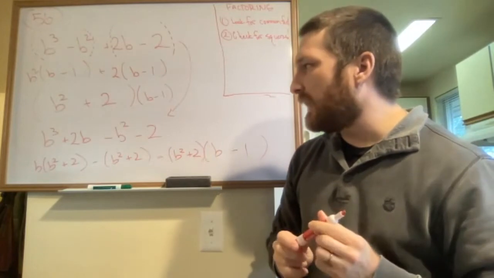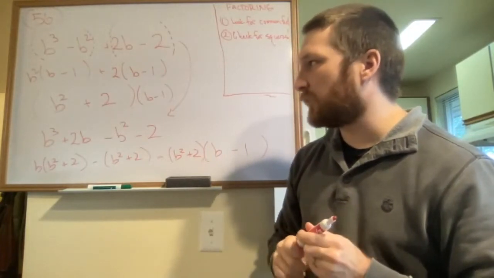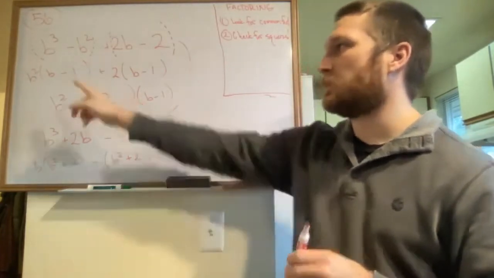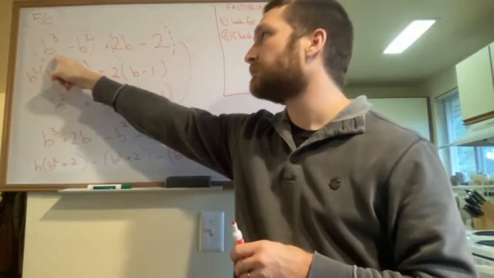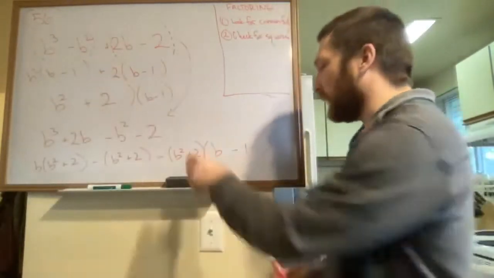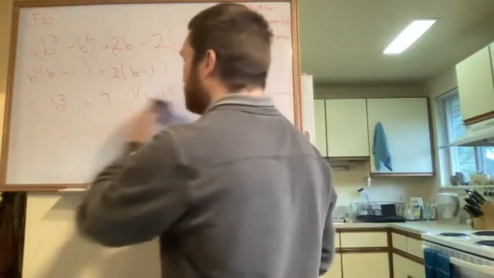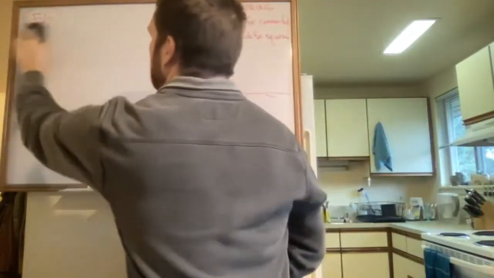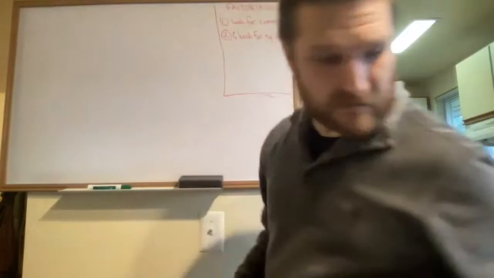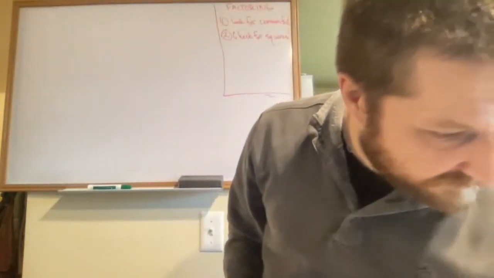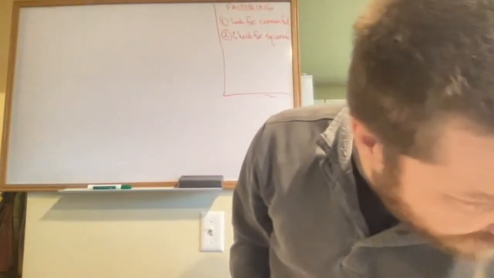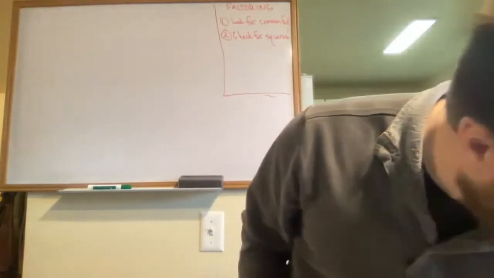Whenever I do factor by grouping, it's almost always because I have an odd polynomial. Your book will say, and I don't think I've assigned any of these. If I did assign any of these, I'm sorry, and you could hate me for it.